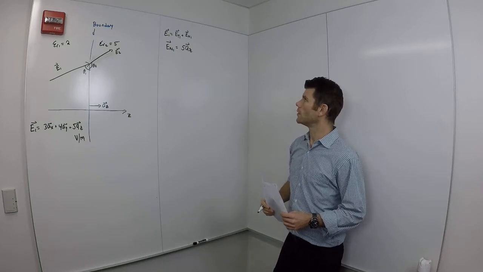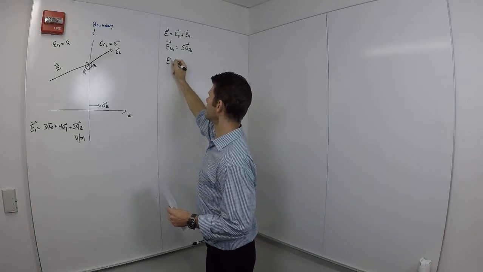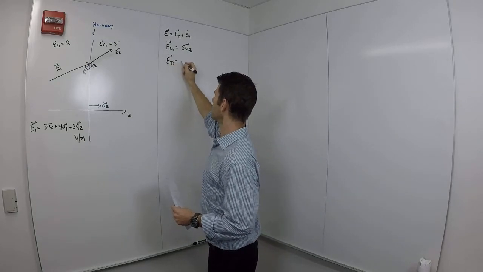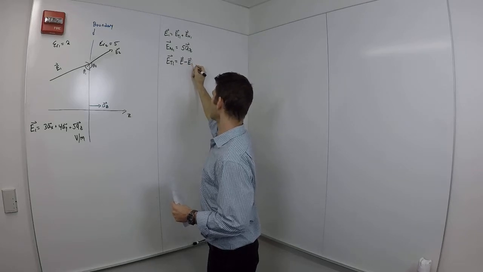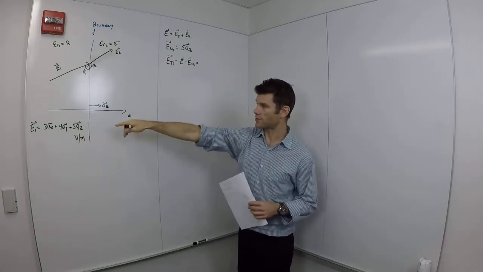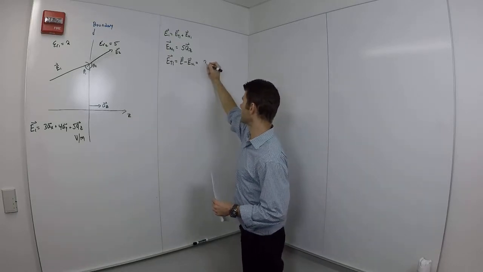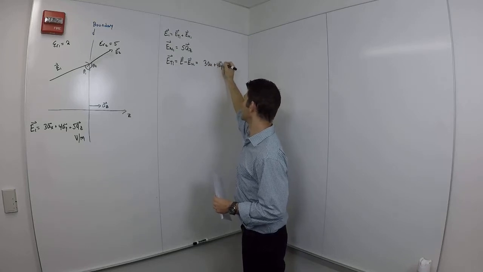If we look at that equation for E1, we can find out what ET1 is. We take E and subtract off the normal component. So we take E, which is that, and subtract 5AZ off it, and we get what's left, which is 3AX plus 4AY.